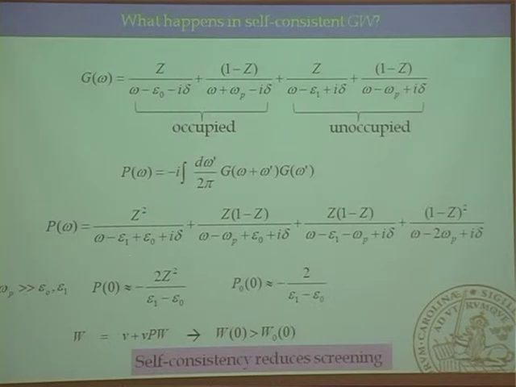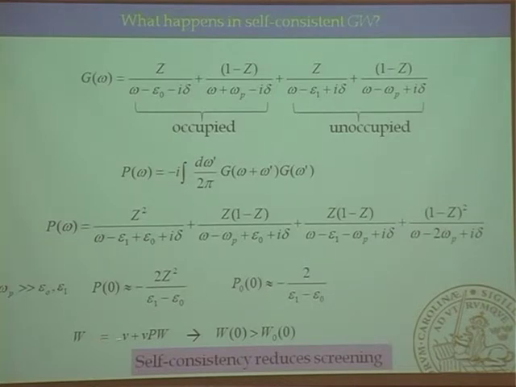If we just consider the first term and look at the static value, then we find that this is approximately given by this quantity here. If we compare this with what we get for P0, we find that there is no renormalization factor in P0. So this means that P is reduced by this Z factor, and Z is less than 1. So the screening has been reduced in this case.